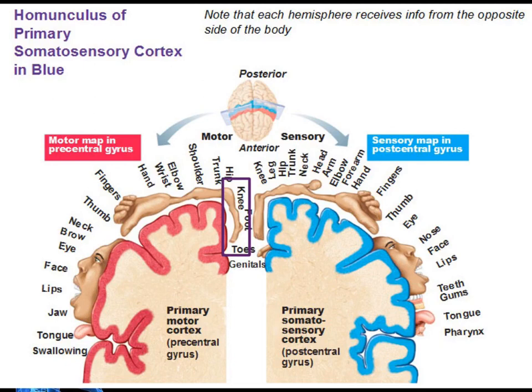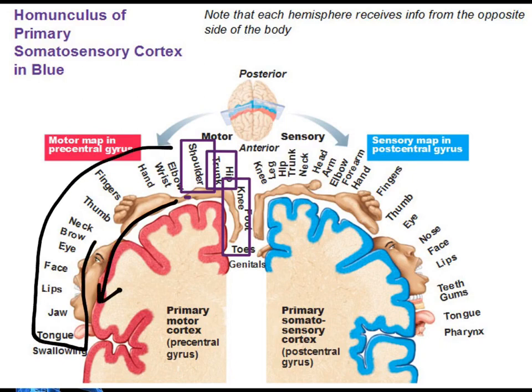The muscles that control the knee are toward the longitudinal fissure, and then you've got hip and trunk, shoulder, and as it moves down around to the side, you can see all of the different areas of the body that it controls: elbow, wrist, hand, all those muscles, each with portions around the precentral gyrus that control them.